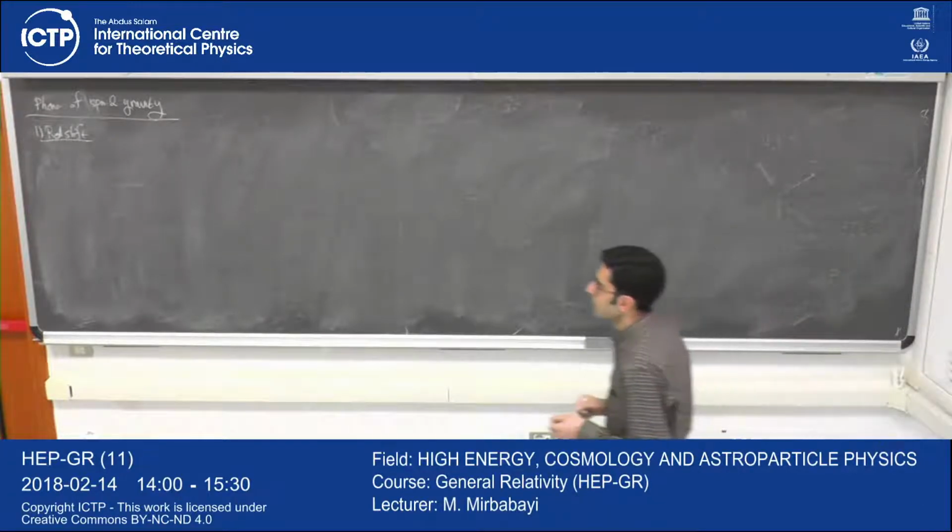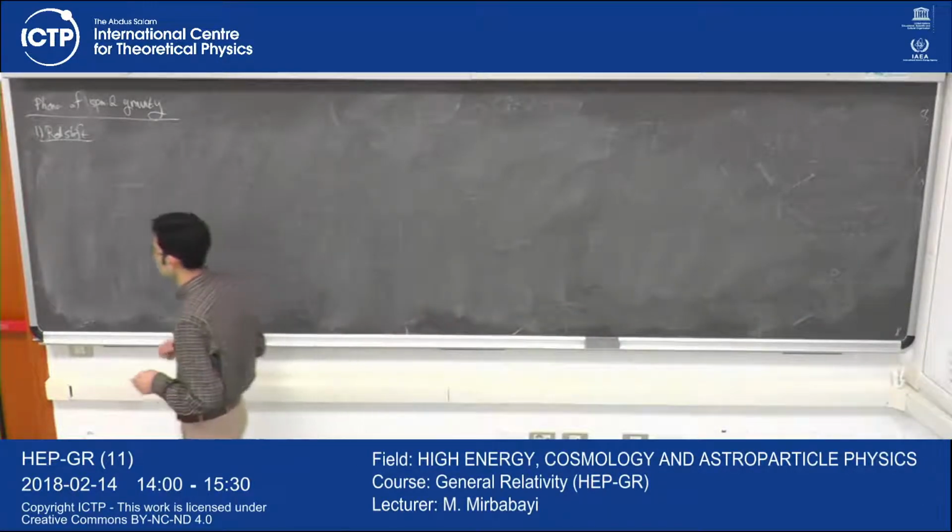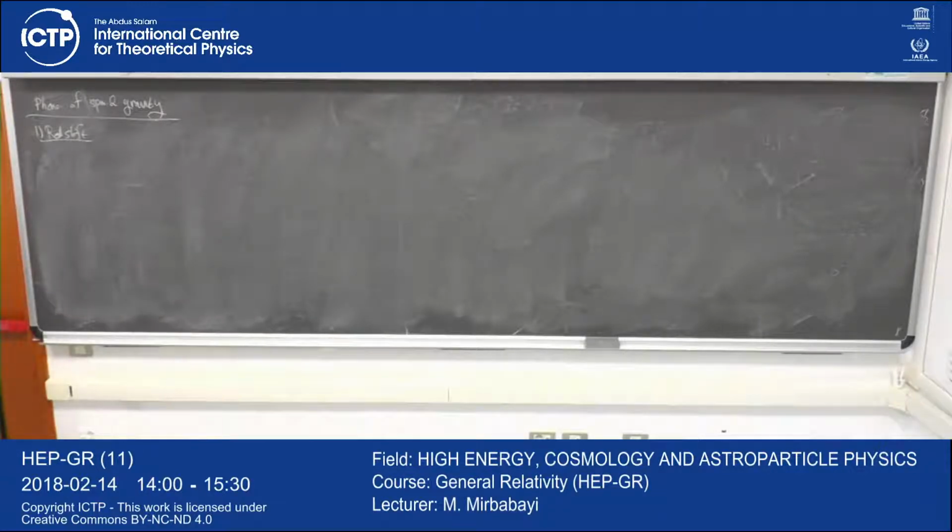Now we want to ask what its phenomenology is, and then we can compare it with observations or experiments. The easiest new relativistic effect of this theory would again be the redshift.